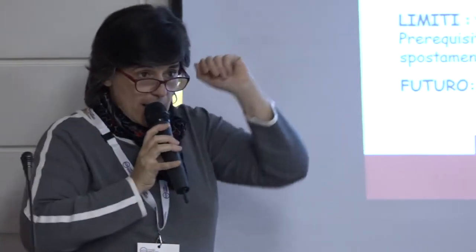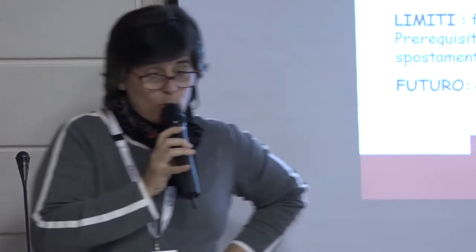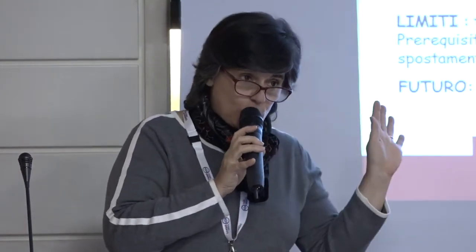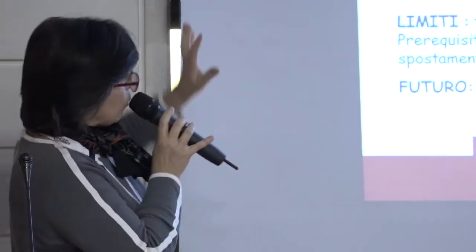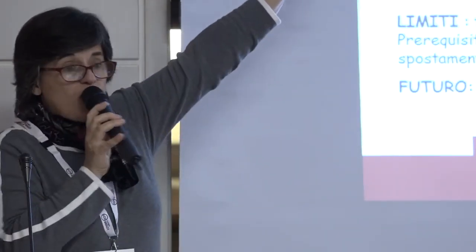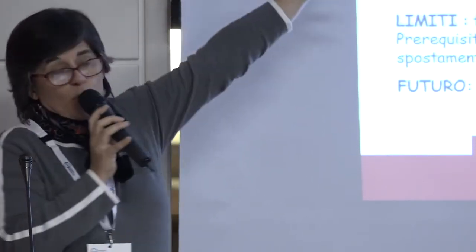So I'll make a reference to the study of Professor Lean that tried to codify this intervention that was created in 2004 for children with movement disorder that has been experimented on children between 6 and 21 years of age. We're talking about hyperkinetic children.